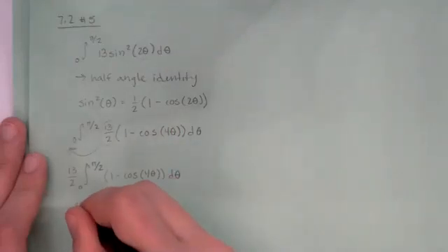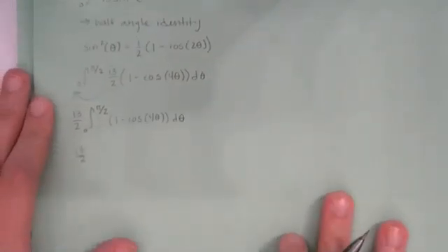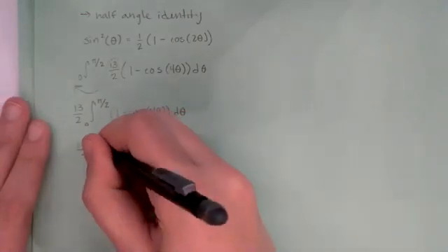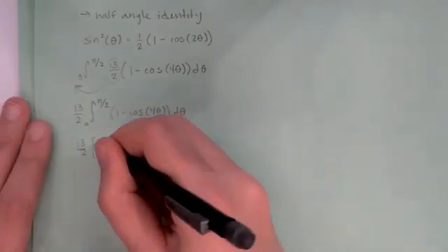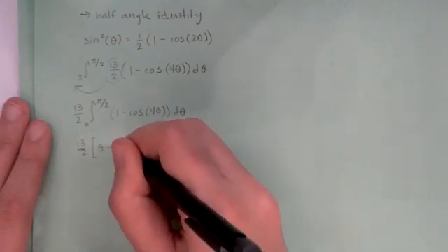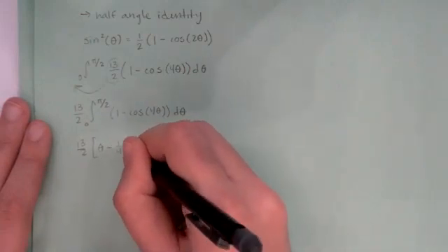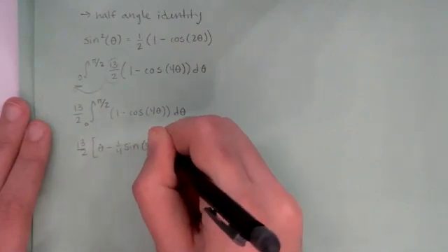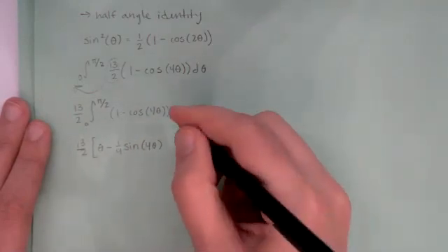That means that we're going to have 13 halves, that is going to be theta, and then minus 1/4 sine of 4 theta. So we abide by the chain rule.